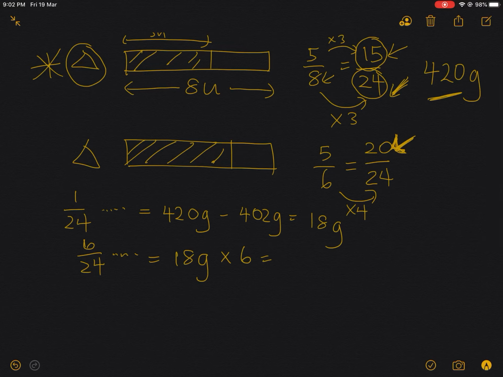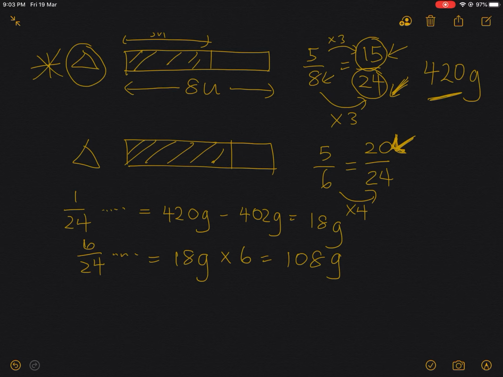That would be to find out the amount of salt to add on. So 18 times 6 is 108 grams. This one is the extra 6 out of 24.